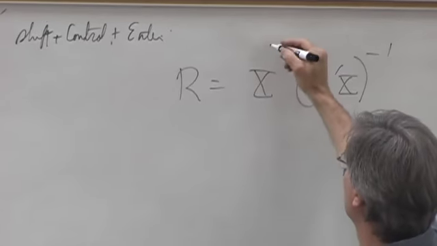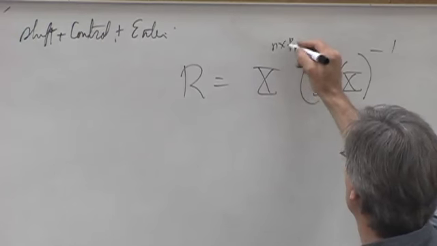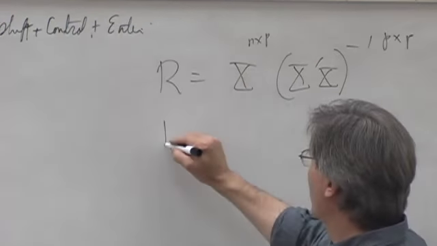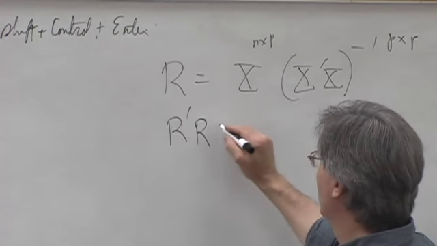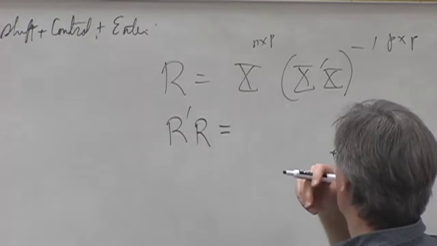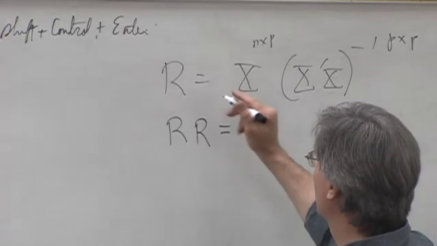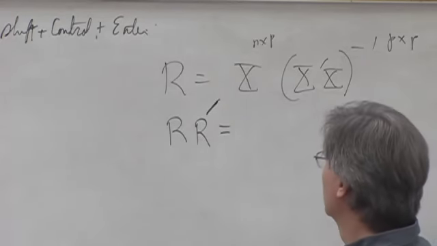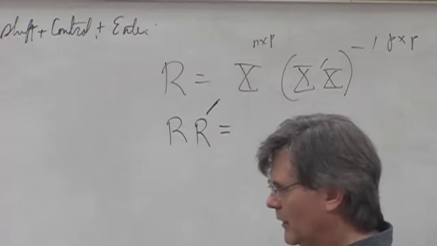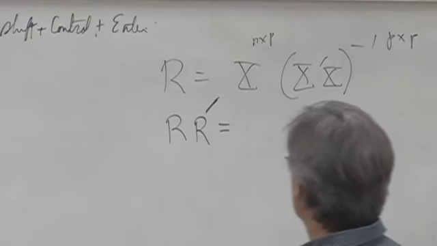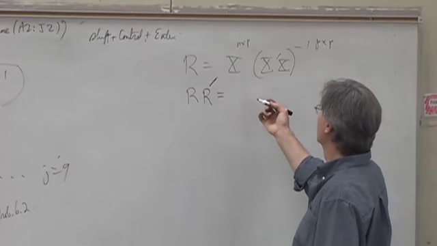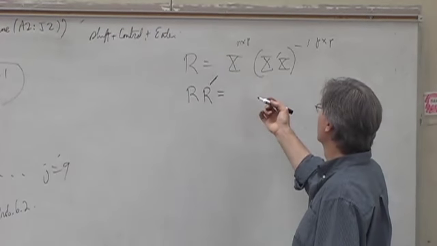This is n by p, and this is p by p. Okay? And what you have is that R prime is equal to... what is it equal to?